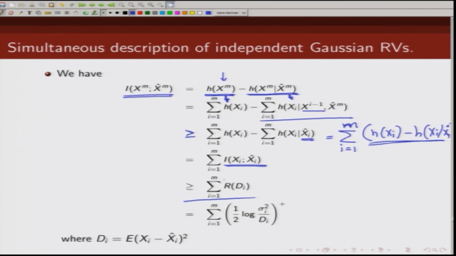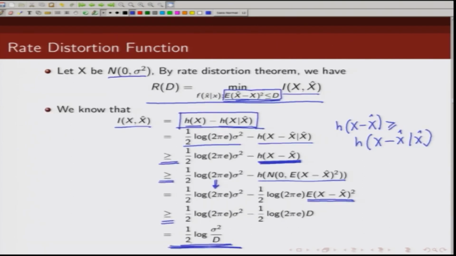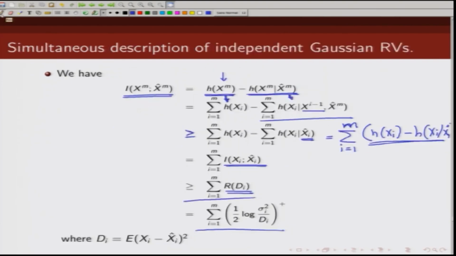And for a Gaussian source, we know the expression for the rate distortion function. If you go back, for a Gaussian source, this is given by half log of sigma square by d, when di is less than sigma i square, and 0 otherwise.